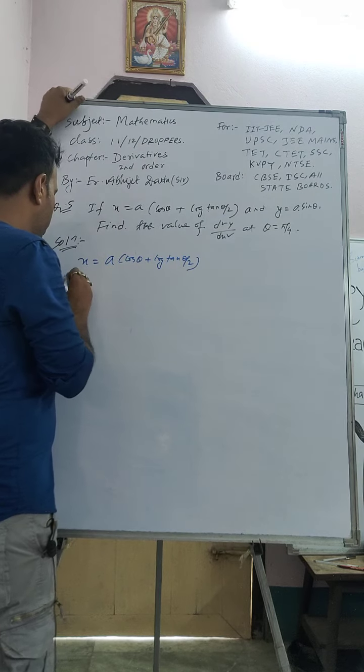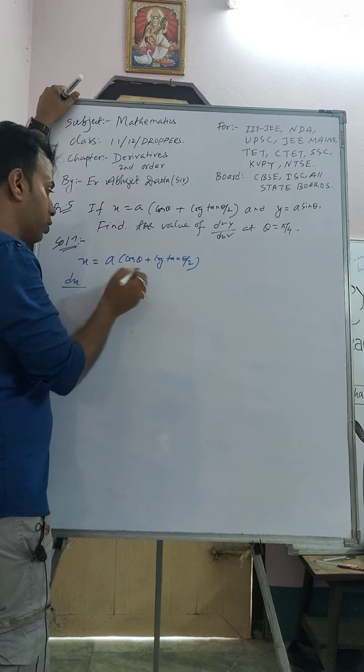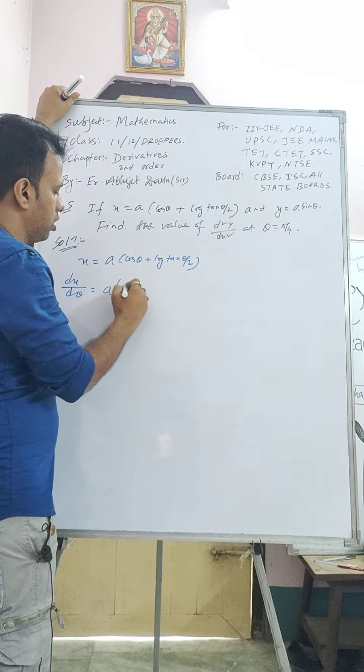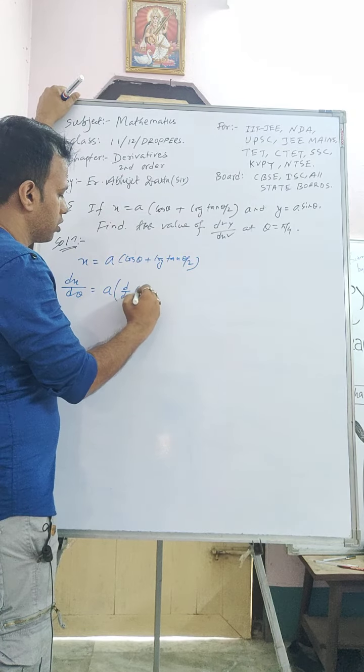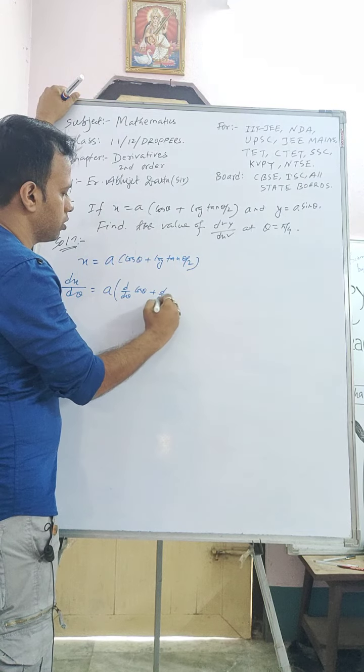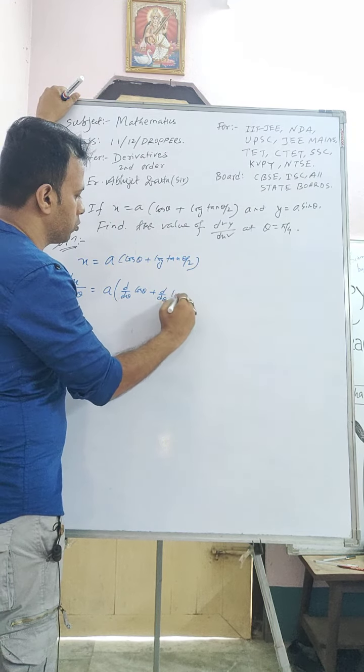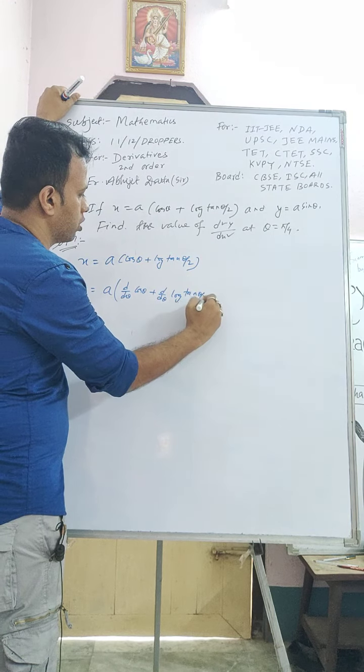Okay, now differentiate with respect to theta. dx by d theta will be d by d theta of cos theta plus d by d theta of log tan theta by 2.